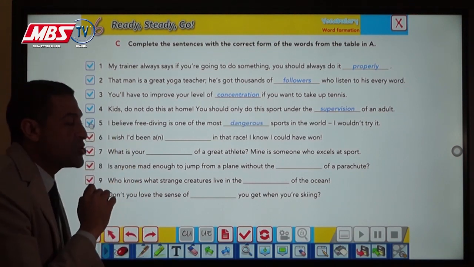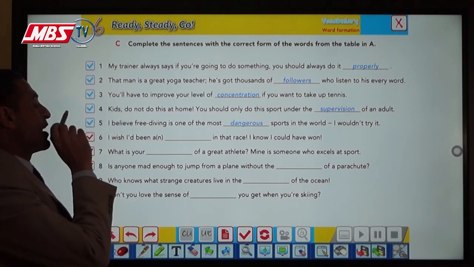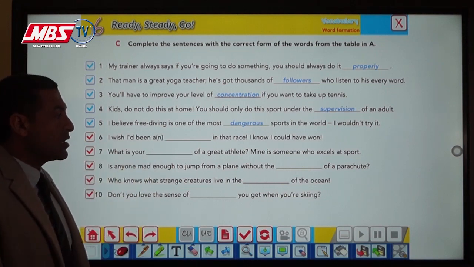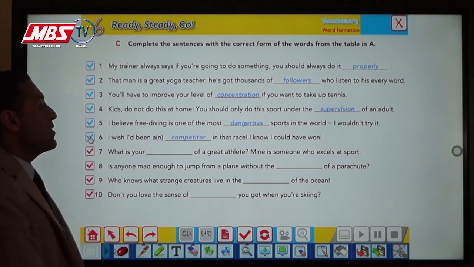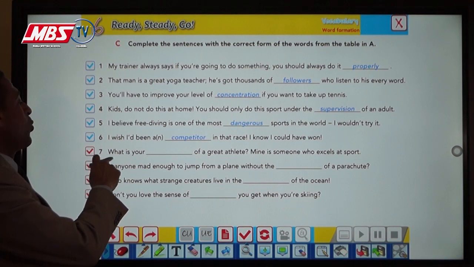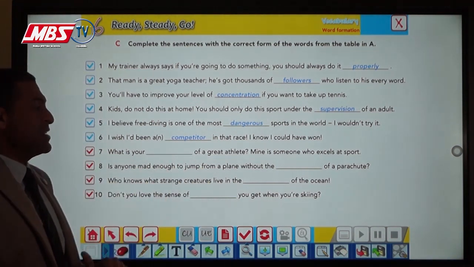The most dangerous sports. I wish I'd been a competitor in that race. I know I could have won. I wish I'd been a competitor.